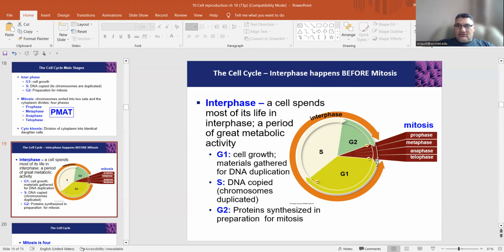So from here, you start your interphase between this mitosis and the next mitosis. You do the mitosis and enter back into the interphase until the next mitosis, and so on.